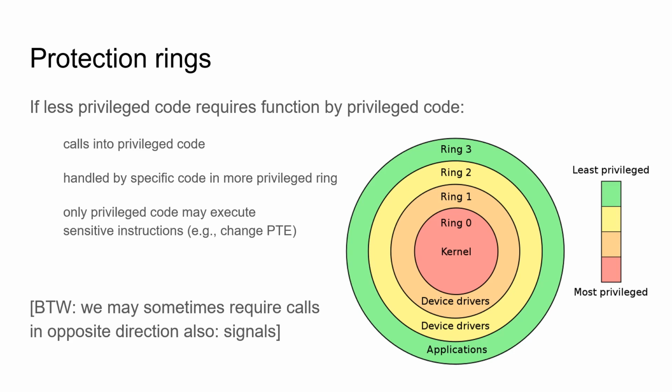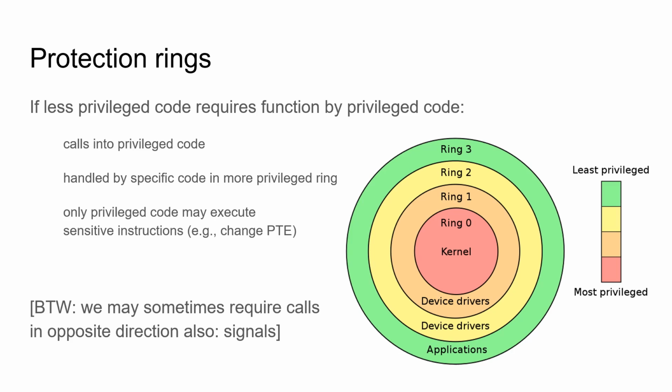And sometimes we also have to do the opposite, right? So maybe we need to give some signal to the application layer from the ring 0 kernel code. So in that case, Unix for instance, uses the notion of signals, where you temporarily stop the code executing in ring 3, and instead deliver a signal.